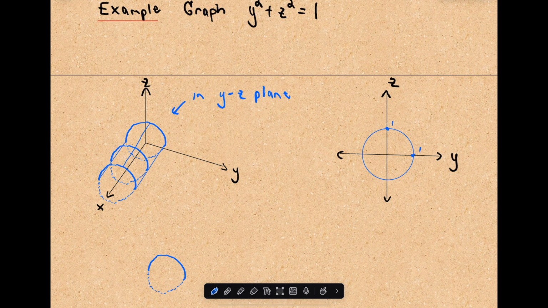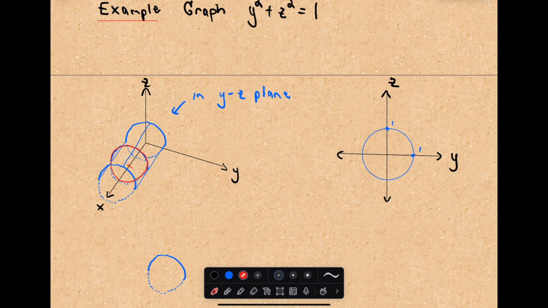The idea is, for any fixed value of x, if I take a slice in the plane x equals some value k, a slice that's parallel to the zy plane, I'm always going to get these circles.